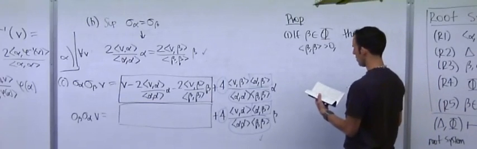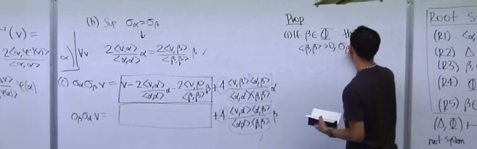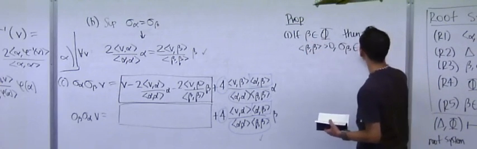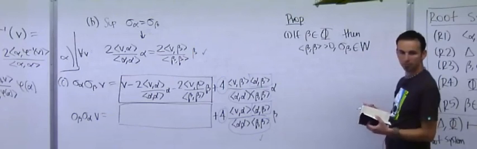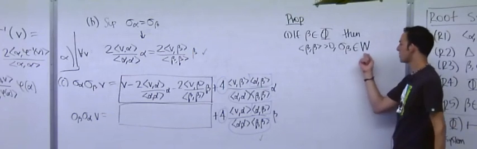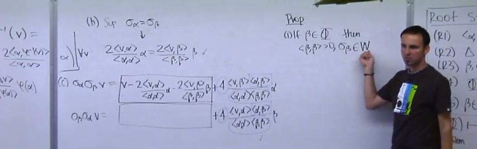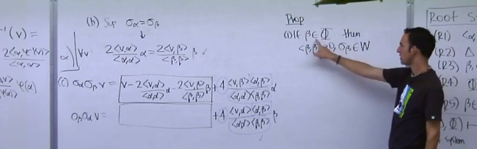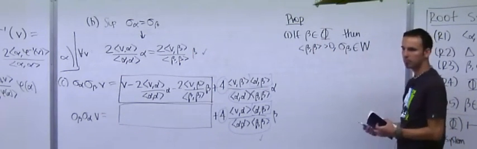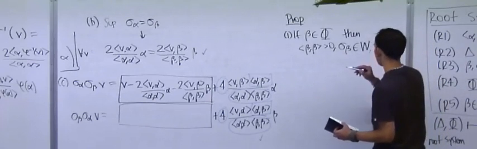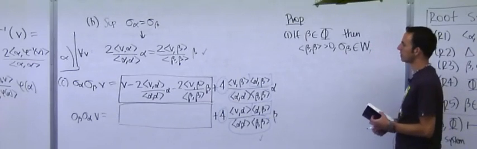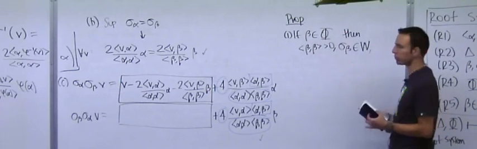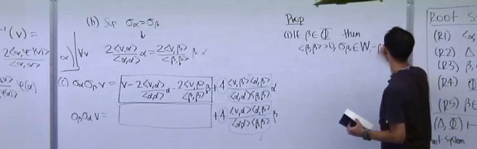Second of all, that when I look at the reflection with respect to beta, it is in my group W. We don't necessarily know this because this group is generated by the reflections with the simple roots. Now I'm taking an arbitrary root, and I want to show that that reflection is in the group. And the third thing I want to show, which we're used to already, is that if you have a root, then its negative is also a root. Okay? So we're going to show that.